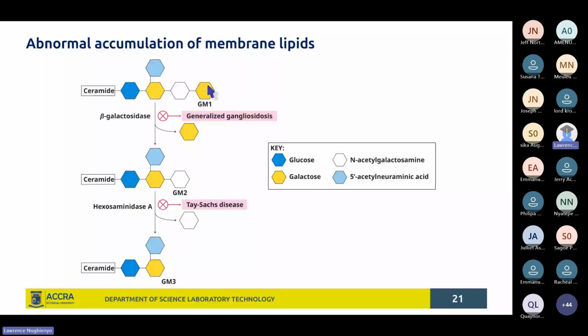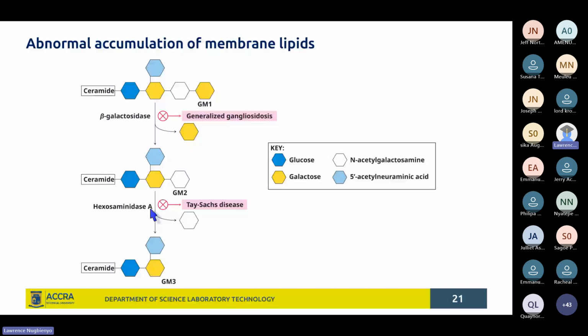Similarly, you can have what is referred to as Tay-Sachs disease, which results from deficiency in the enzyme hexosaminidase A, which is involved in that second reaction, where you have the cleaving off of that glycosidic bond between the terminal N-acetylgalactosamine residue and the galactose residue. Because you see in the reaction that terminal N-acetylgalactosamine is cleaved off.